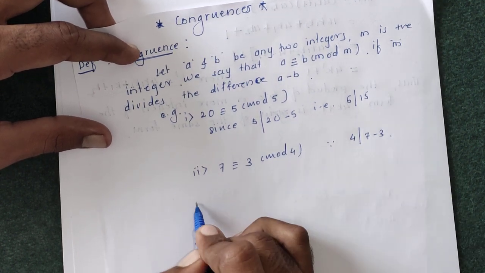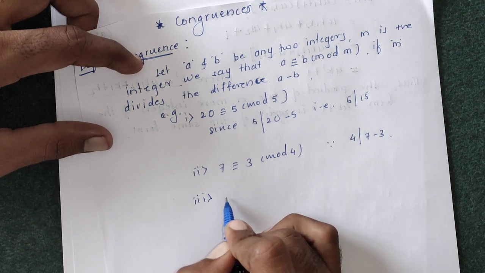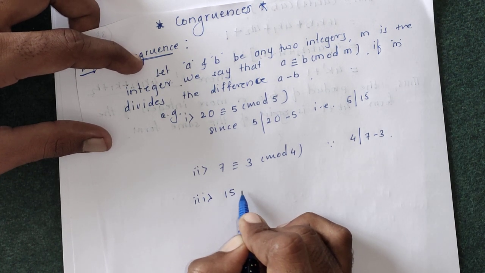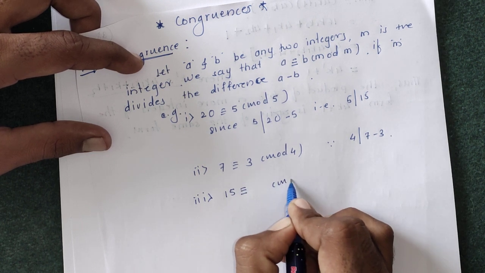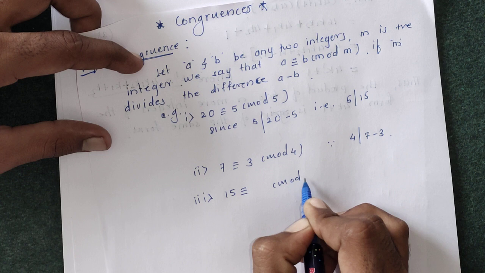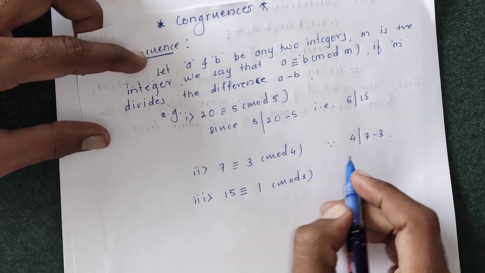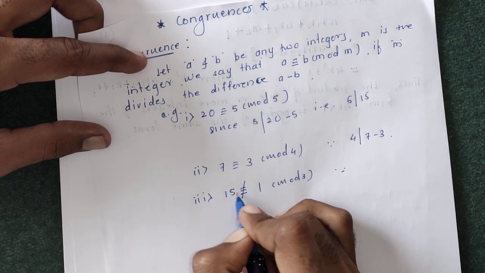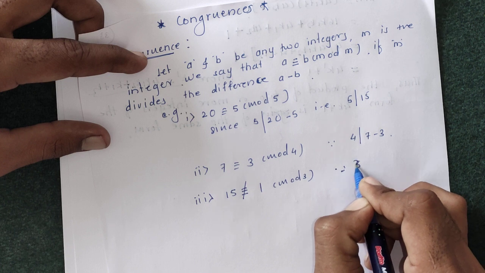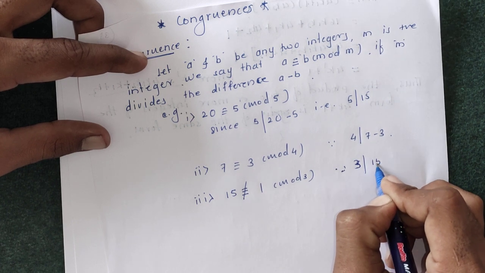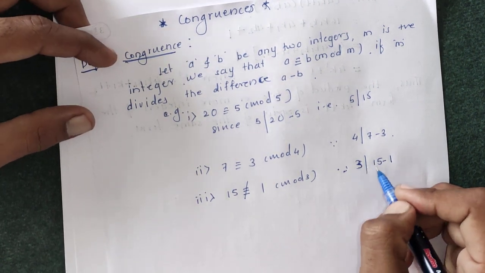Now a contrary example. Take modulo 3: 15 is not congruent to 1 modulo 3, since 3 doesn't divide 15 minus 1. That is, 15 minus 1 is 14, and we know that 3 doesn't divide 14.